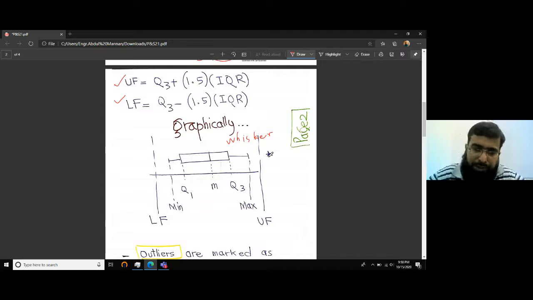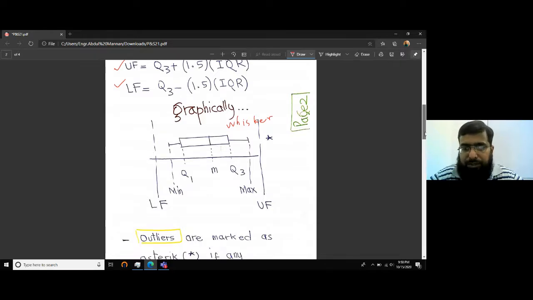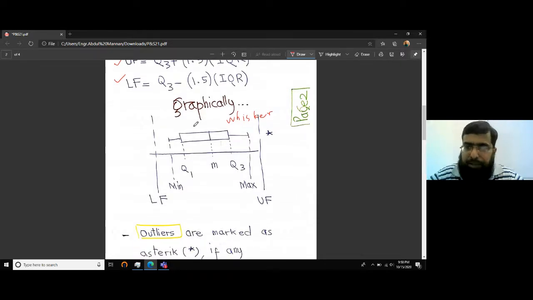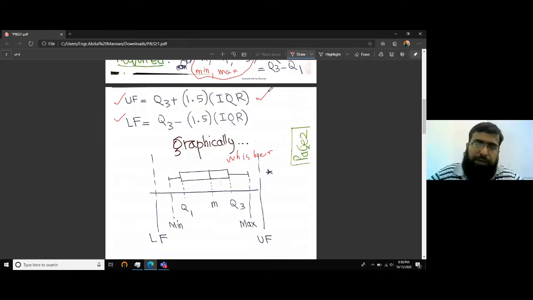What is the asterisk? This asterisk is a data point that is beyond the upper fence. If we have a measurement in our sample that is larger than the upper fence, computed using this formula, that will be marked as an asterisk.